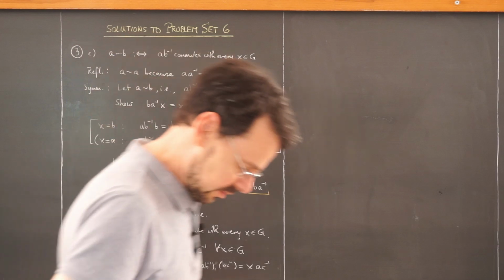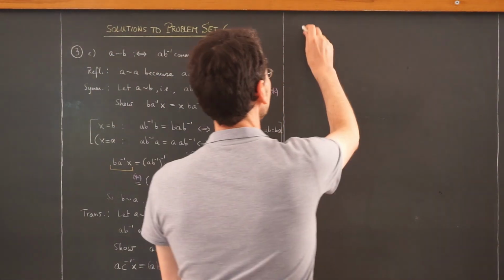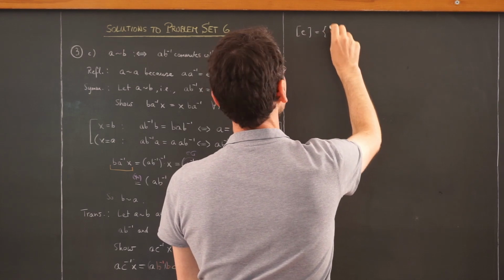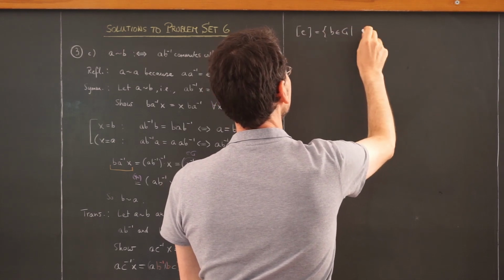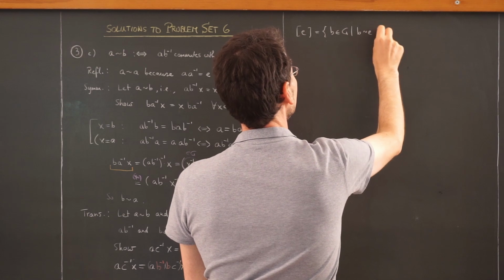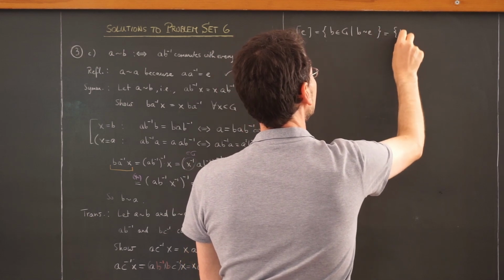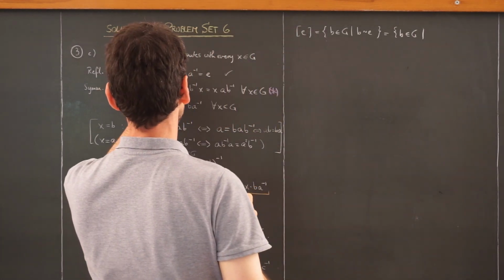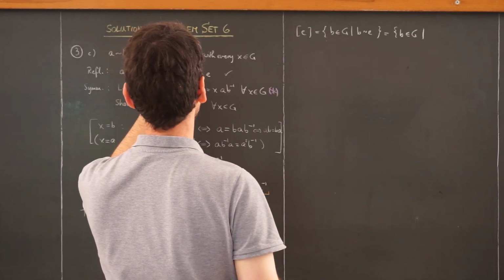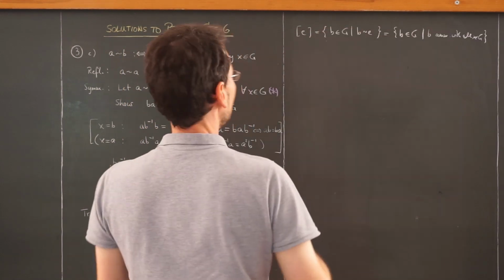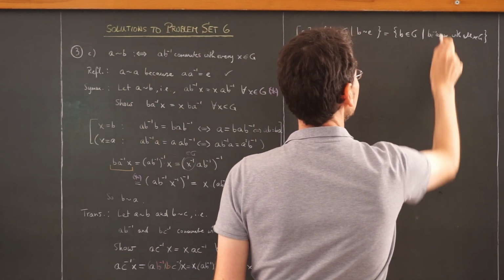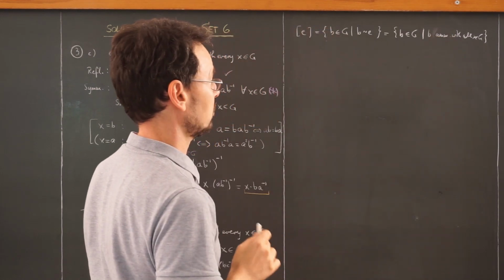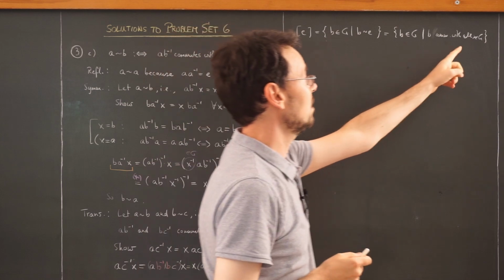Okay, I'm running low on battery again, so let's find the equivalence class of the identity real quick. So these are all group elements that are equivalent to E. So all group elements B that satisfy that BE inverse commutes with all the elements, but this simply means that B commutes with all the elements.